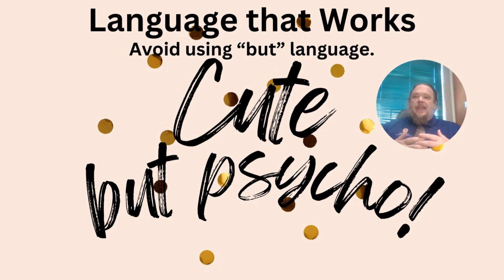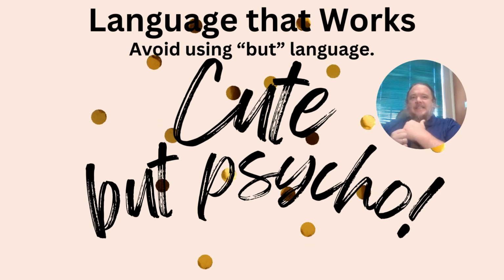That this would be better, where you take the criticism in between two slices of compliment. We call it the sandwich method, and it was seen as best practices in communication.